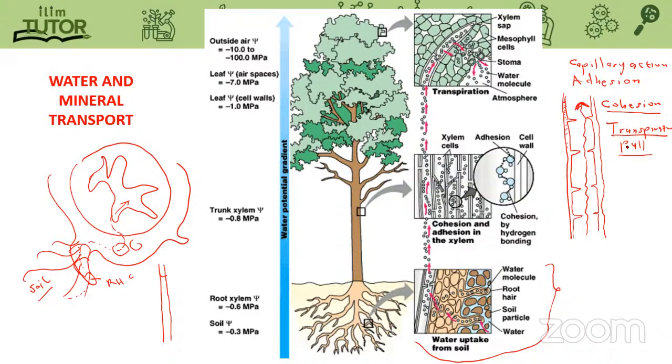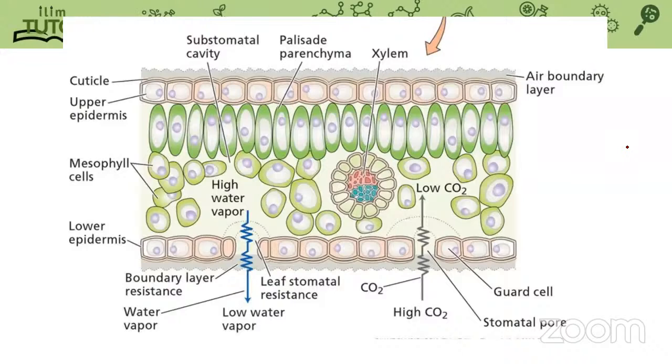And for us to better understand the transpiration pull, we will have to talk about what happens within the leaf area. Now, this is a cross-section of the leaf area. We have the palisade mesophyll tissues here, the spongy mesophyll cells here, the lower epidermis, the stomata, the guard cells, the upper epidermis, the cuticle, and all that.